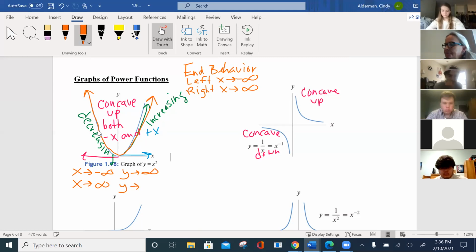Y goes to what? As x gets larger, is the y value going up or is it going down? It's going up. Yeah. So as x gets bigger on the right side, as we travel from left to right on the graph, the y value is getting bigger.